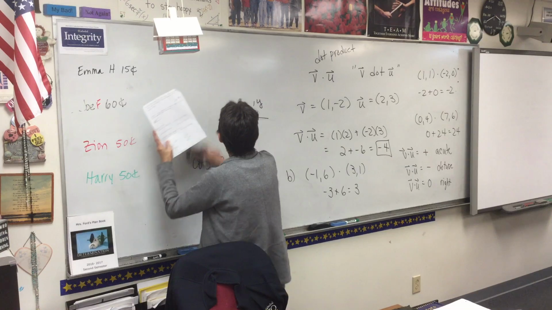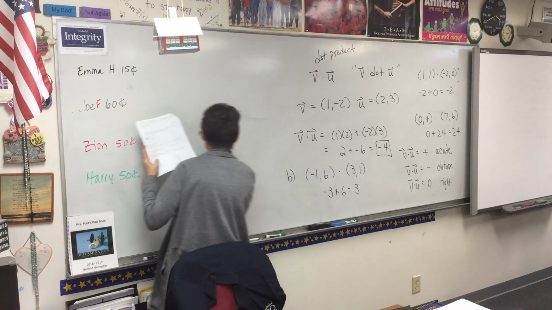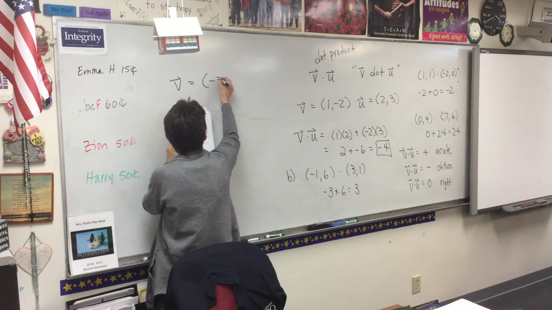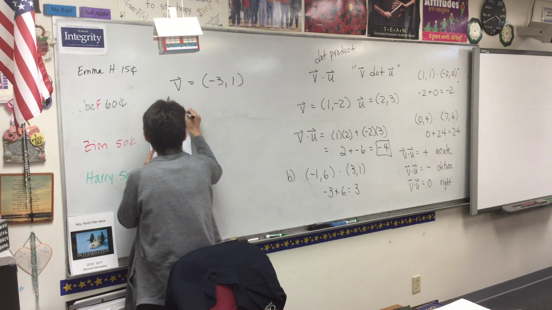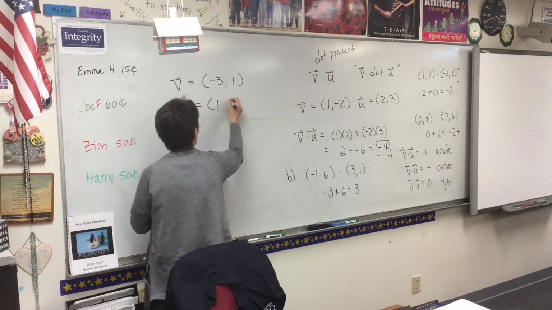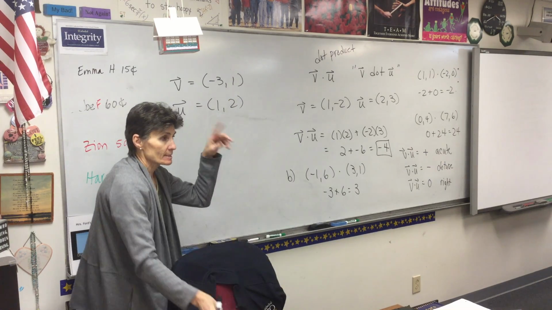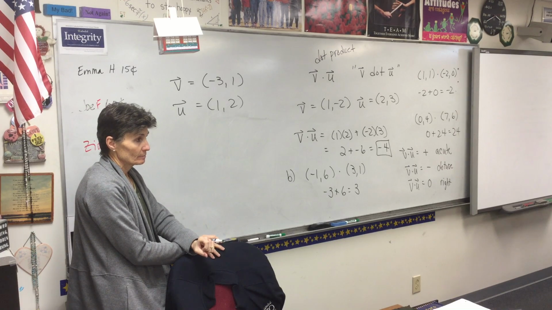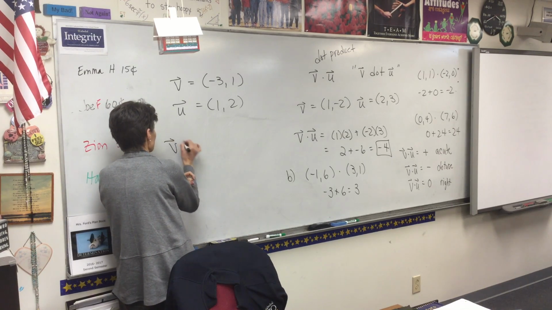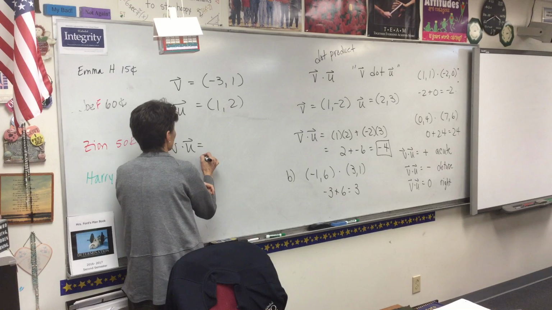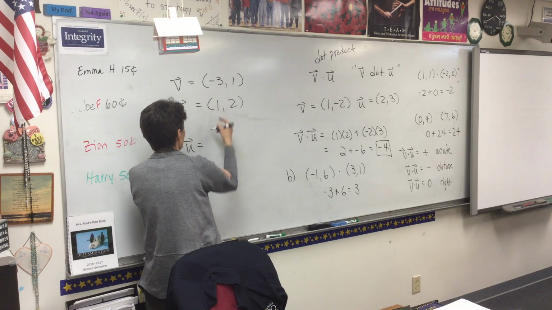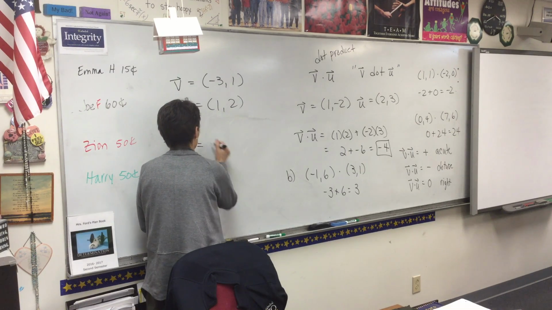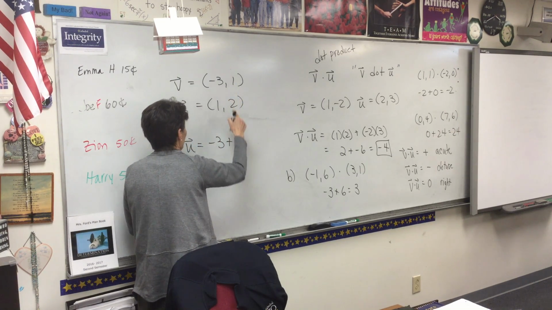We're on 2A, and we're actually going to find the angle formed by these two vectors. Step 1, find the dot product. Okay, so we just did that. So v dot u will be x times x plus y times y.